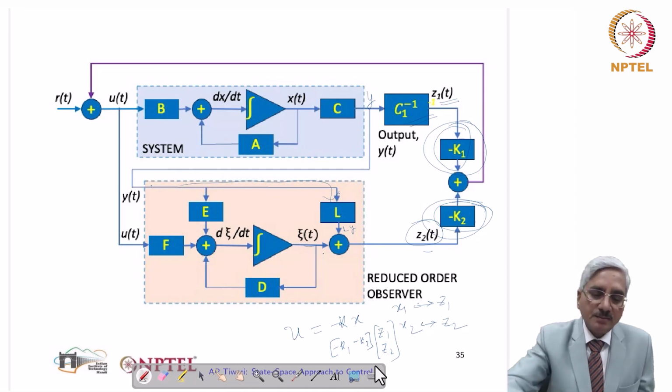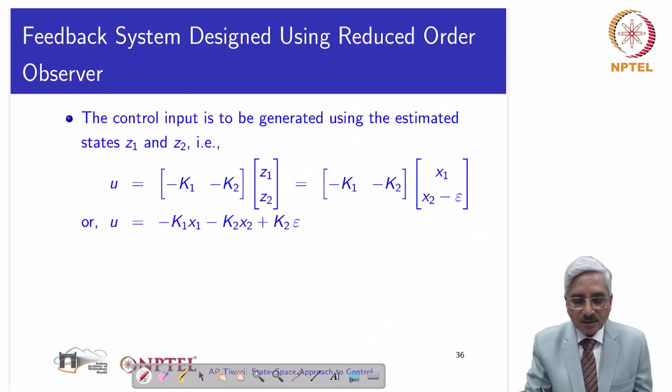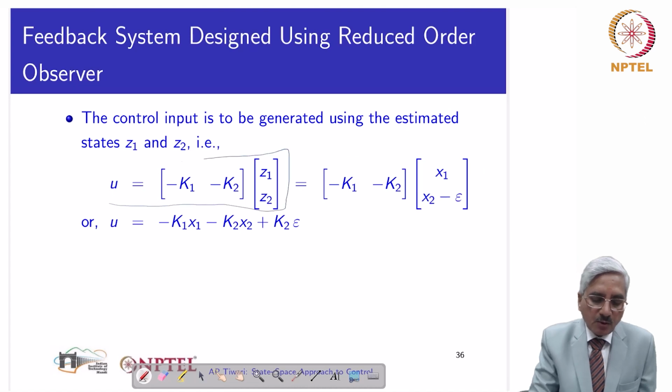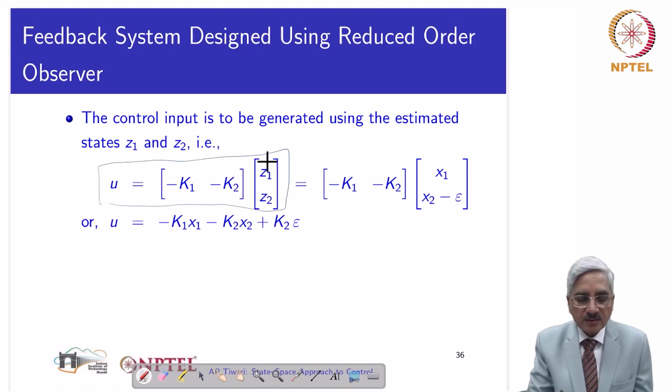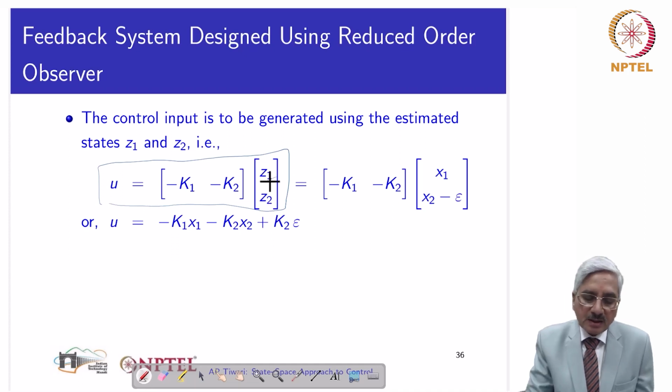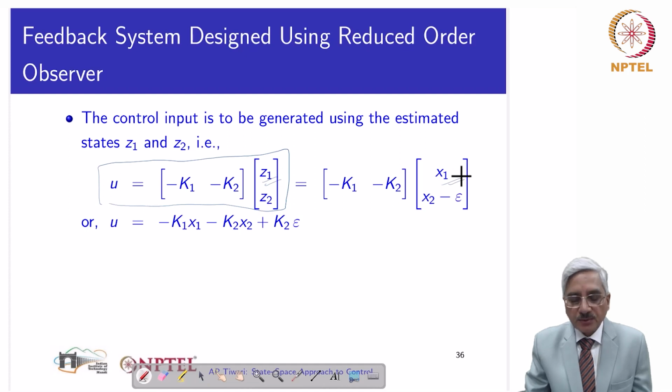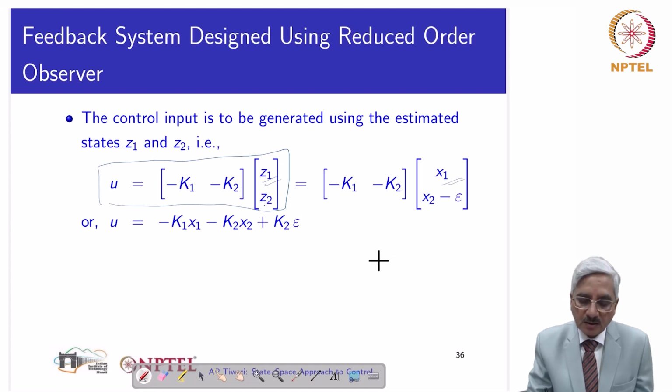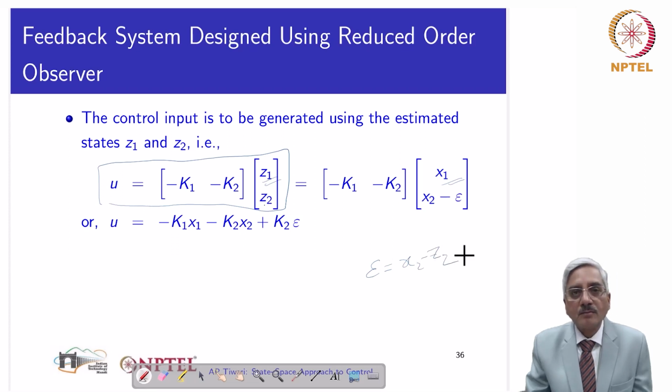This is shown in this diagram, and this is also shown here through these equations. So input is now being generated like this, K1 times Z1, K2 times Z2. And now because Z1 is exactly equal to X1, we do that substitution, but Z2, because this epsilon is X2 minus Z2, so we can substitute in place of Z2 X2 minus epsilon, which is here.